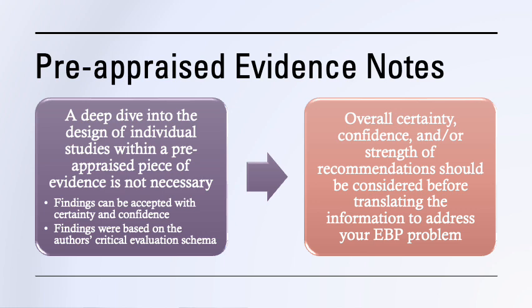Based on the schema used, the authors then should report the overall level of certainty, confidence, and/or strength of their synthesized findings. It is very important that you consider the level of support for practice change from the pre-appraised piece of evidence before translating the information that was provided in that piece of evidence to respond to your evidence-based practice problem.